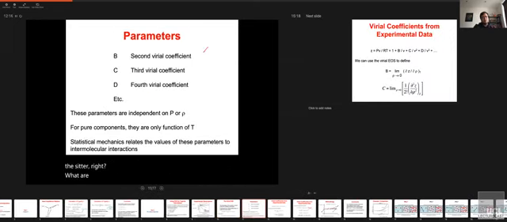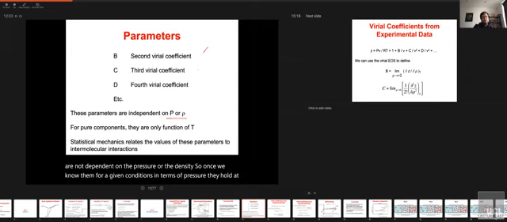The B is known as the second virial coefficient, the C is the third virial coefficient, and so on and so forth. They are not dependent on the pressure or the density. So once we know them for given conditions, they hold at that pressure. But for a pure component, they do depend on the temperature. And for a mixture, they depend on the mixture composition.